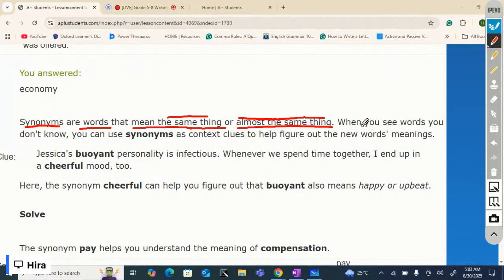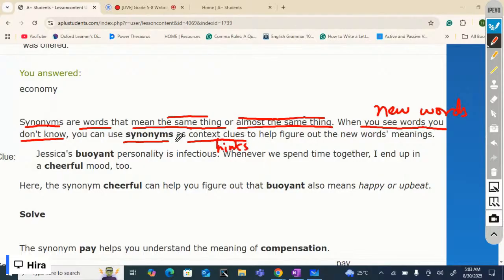So when you see words you don't know, meaning when you see new words, you can use synonyms as context clues. They can be hints for you.